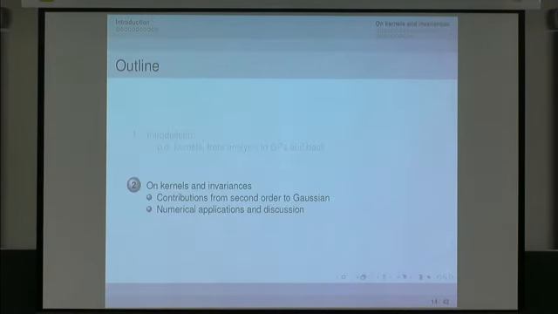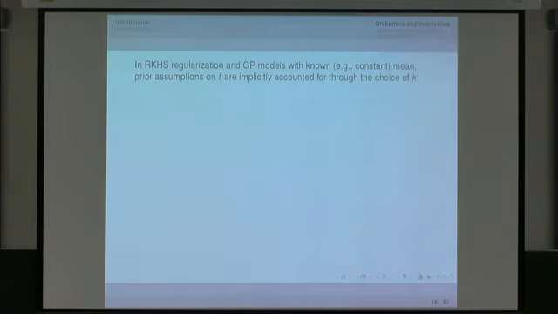So I will just present this slide, which is the opening slide of the section that presents contributions, and the contributions concern the incorporation of prior knowledge in kernel methods for function approximation and surrogate modeling. So basically, if you assume that you have a mean zero or something simple like a constant mean, and you're in one of these setups, everything that you are assuming about f is carried by k.